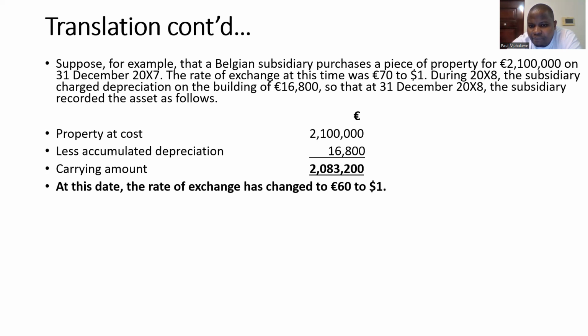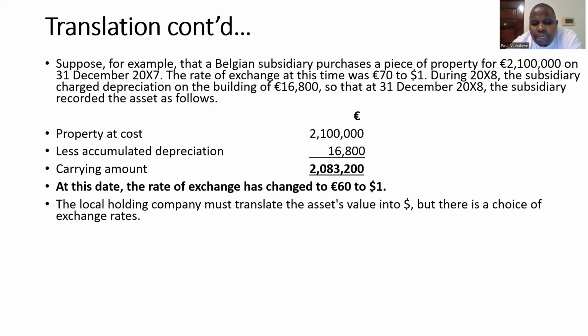Okay, because fewer euros are buying $1. Yeah, that's what it means. So the local holding company must translate the asset value into dollars, but there is a choice of exchange rates.